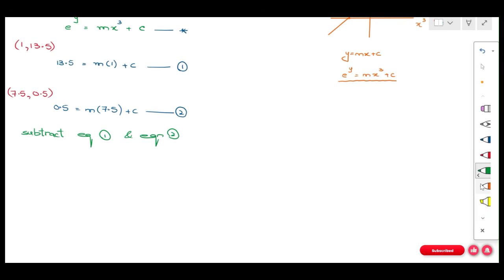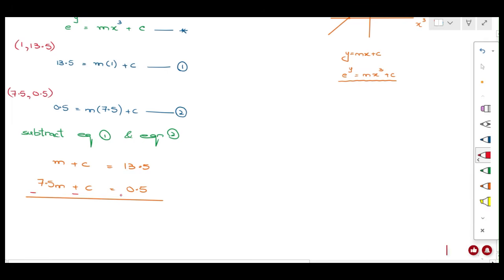Okay, so when we are subtracting the two equations, we have m plus c, this is 13.5, and 7.5m plus c is 0.5. Whenever we subtract the two equations, basically we have to change their signs. Okay, so now positive c and negative c cancel out.